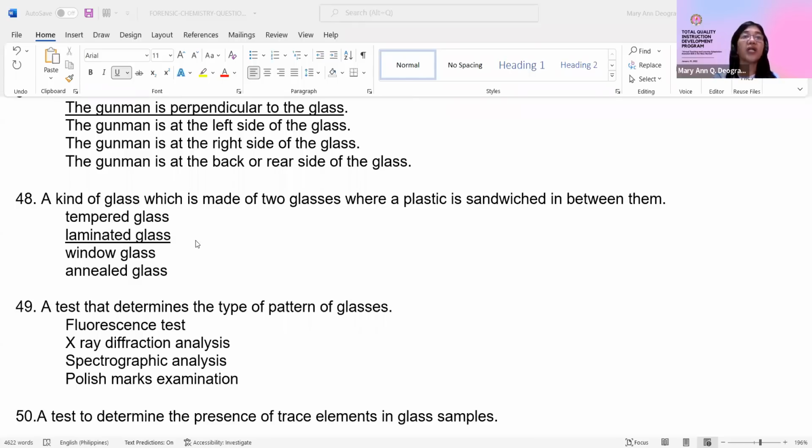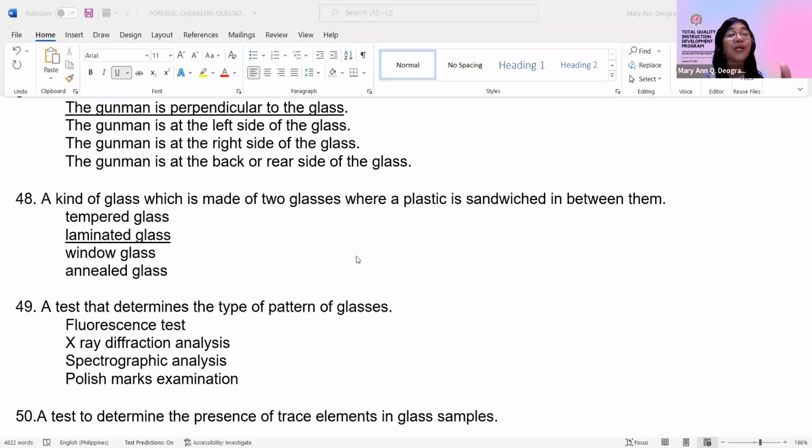Laminated glass or, that is, lacerated. Lacerated, ano yung sugat yung lacerated? Tinted, hindi. Tinted is darkened yan. It is safety glass. Mamaya, safety glass, makita nyo dyan. Iba ang tempered sa tampered.